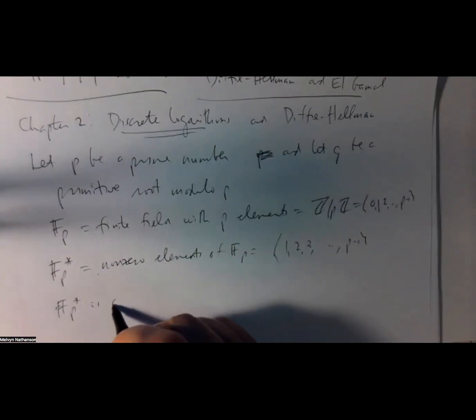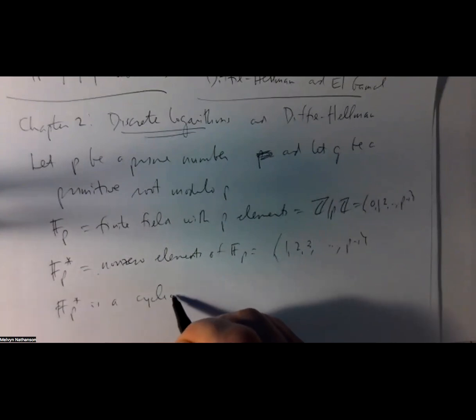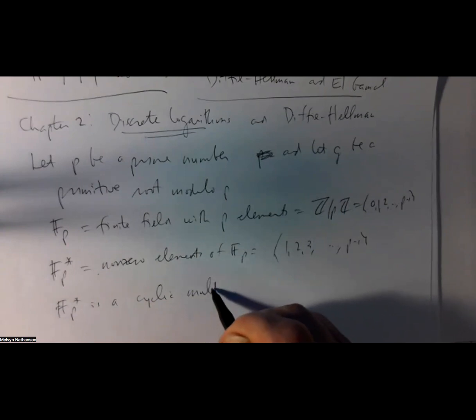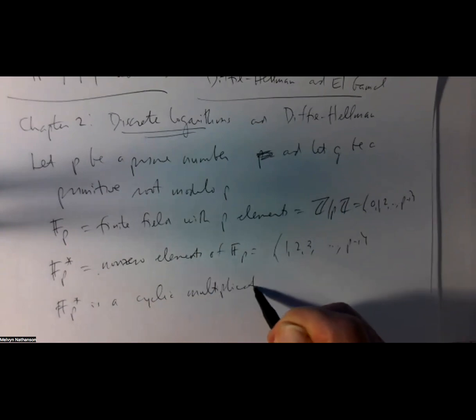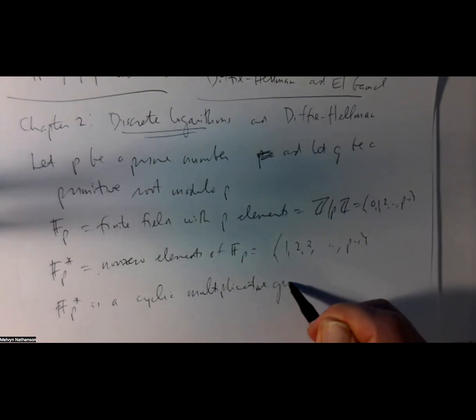FP star is what in algebra would be called a cyclic multiplicative group.